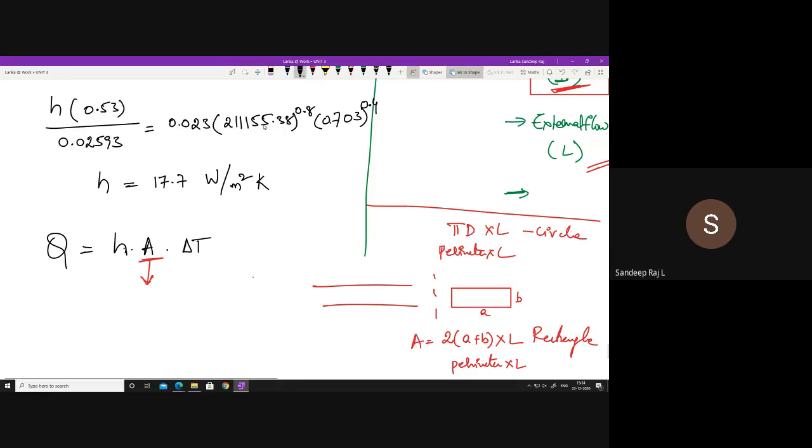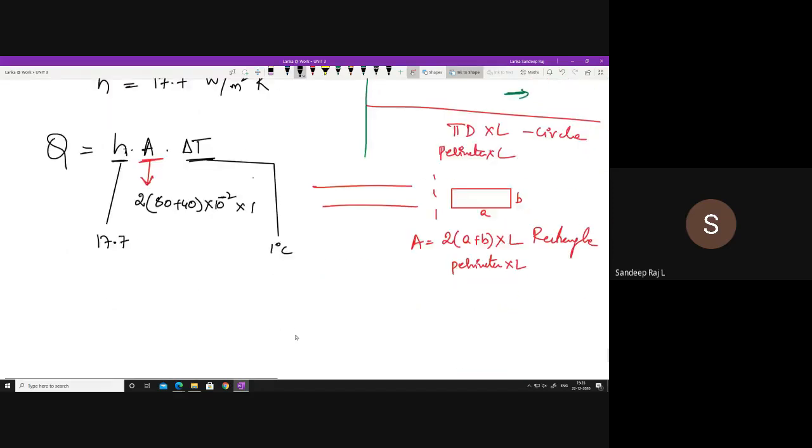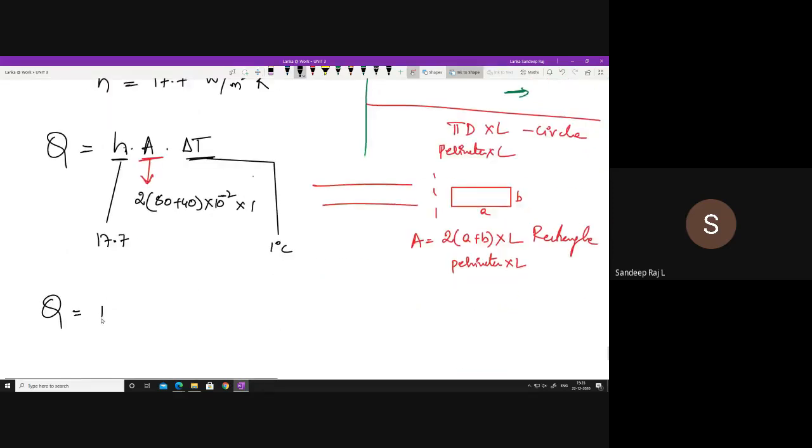So the area is equal to 2 into 80 plus 40 into 10 to the power of minus 2, and the L value is given as 1 in the question. And the h value we have found as 17.7. The delta T value is also given in the question, 1 degree centigrade, or Kelvin. You can substitute all these values and get the value of Q.